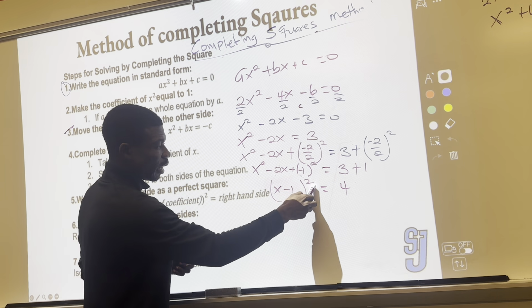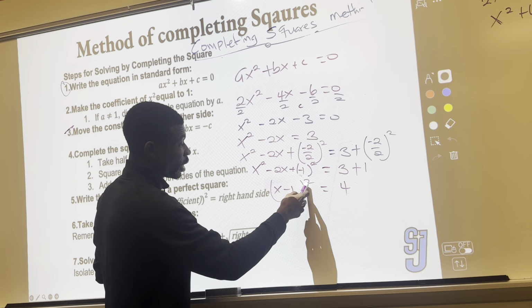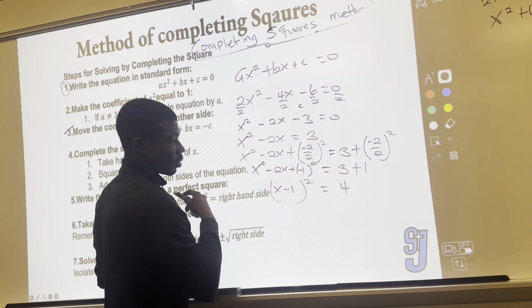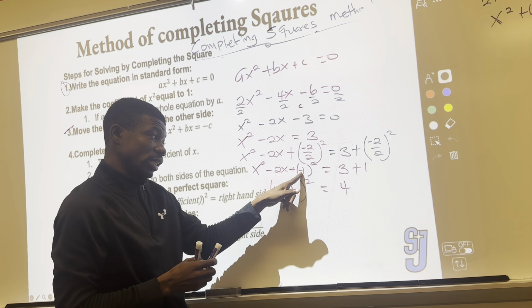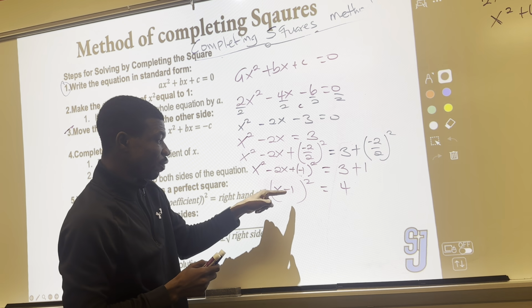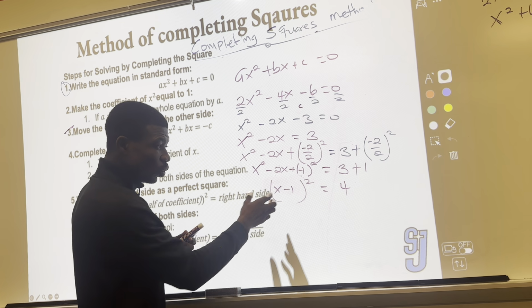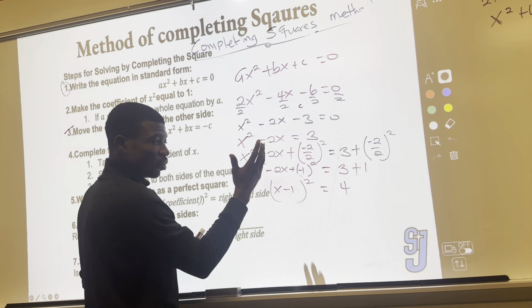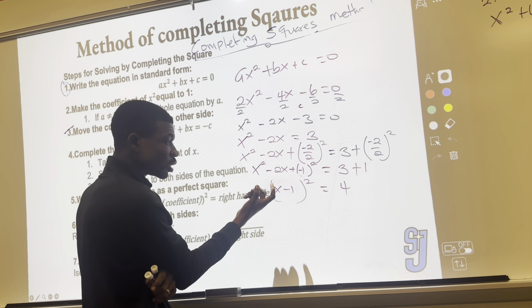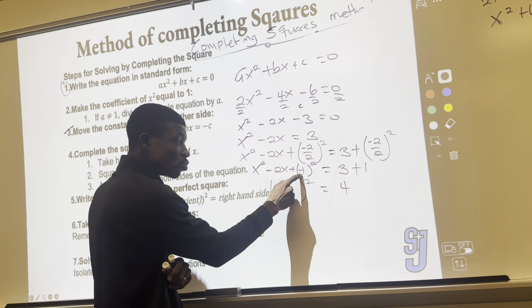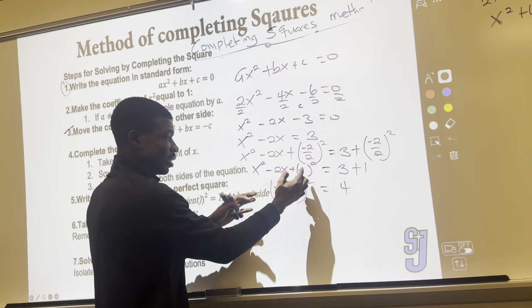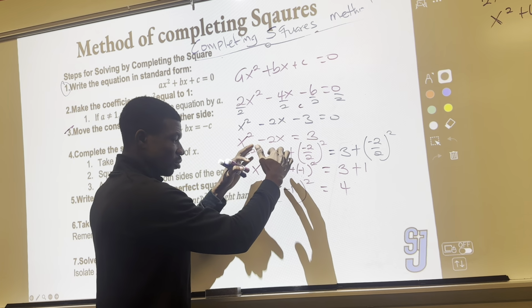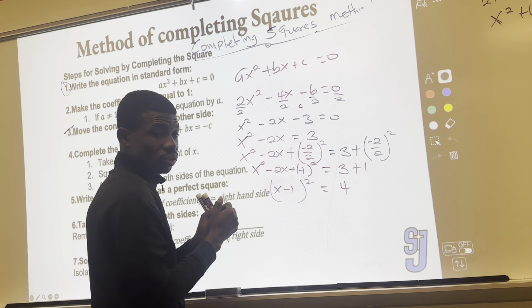Now, if you expand this, don't forget, I said if you expand this, you should get back to this. You realize that at this point, there was a negative, and so it's affecting this. If you do this part really well, you wouldn't have a problem, because it's just a matter of picking this and that, taking the parentheses of it and squaring it.